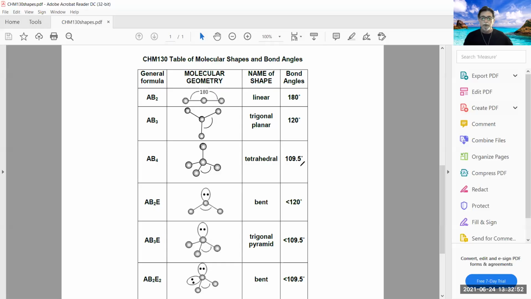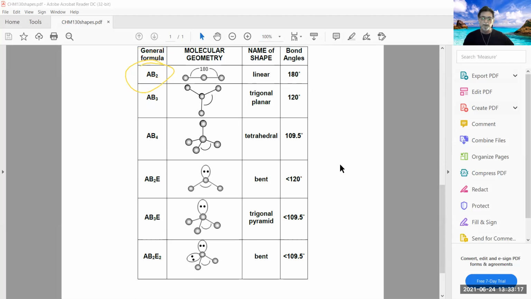And here we go. So we start off in the first column with the general formula right there. We got AB2, AB3, AB4, AB2E, AB3E, AB2E2. There it is. Let me move it down a little bit.